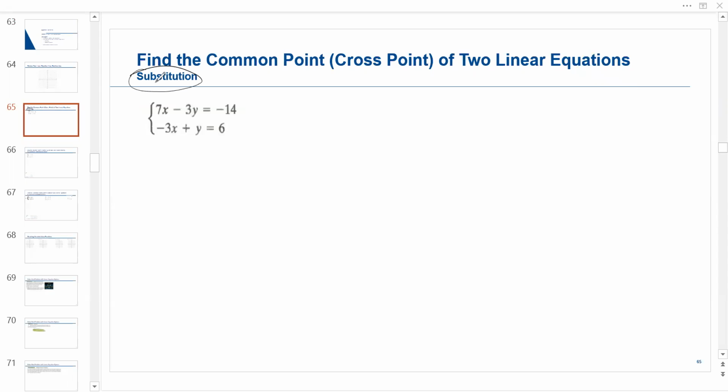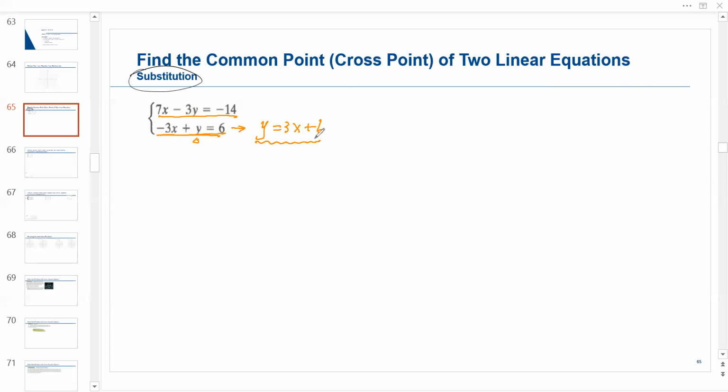Firstly, we need to find x equals something or y equals something, using one variable expressed by the other variable. In these two linear lines, this expression only has y. So we can use y equals 3x plus 6, right?